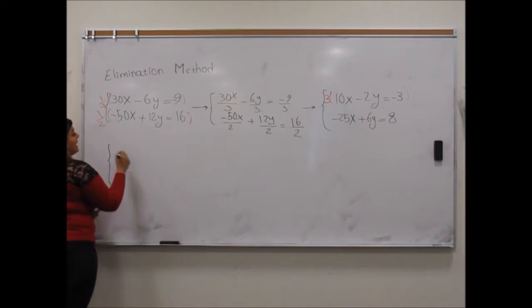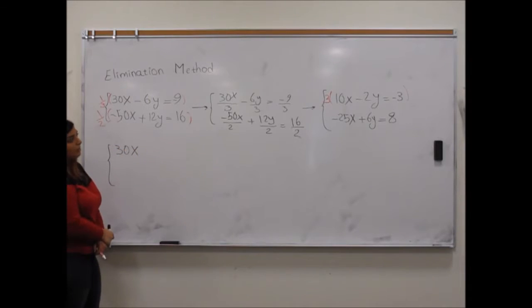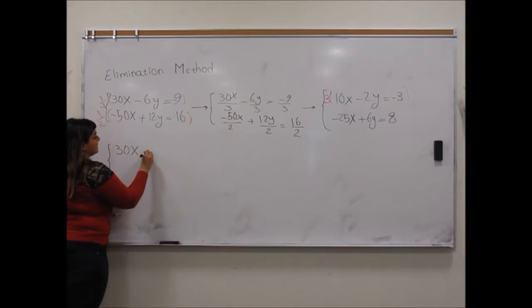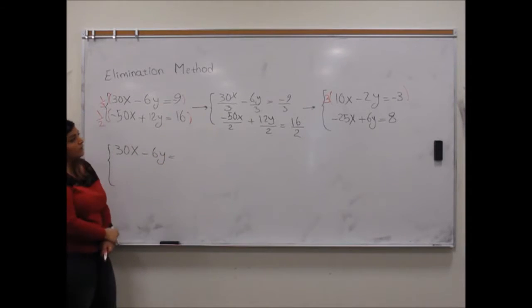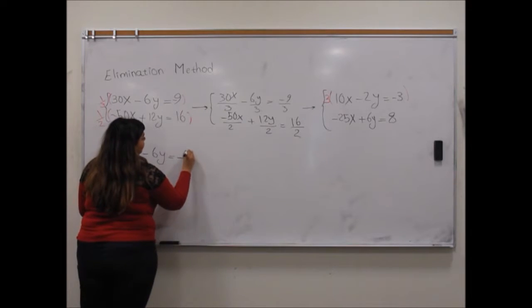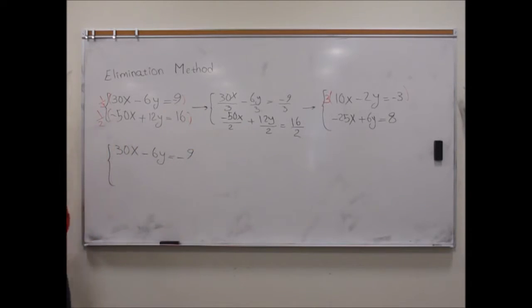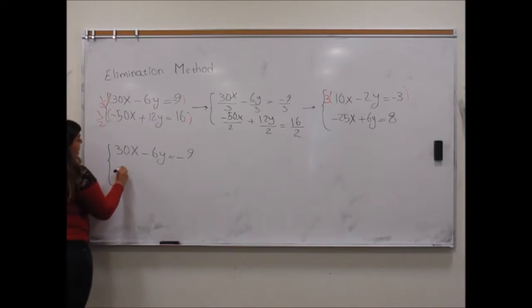3 times 10x is 30x. 3 times 2 is 6, so negative 6y. 3 times negative 3 is negative 9. I'm going to write the second equation.